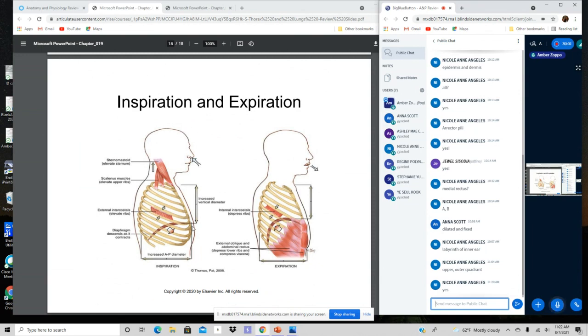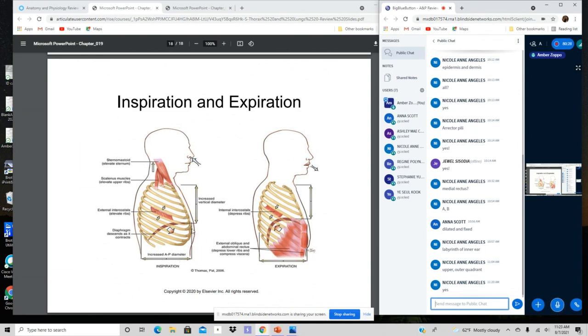So again, just to recap, there will be an increased vertical diameter with inspiration. The external intercostals will elevate, and the sternocleidomastoid muscles will also contract and move the ribs upward, and the diaphragm will descend as it contracts, and it will increase the anterior posterior diameter.